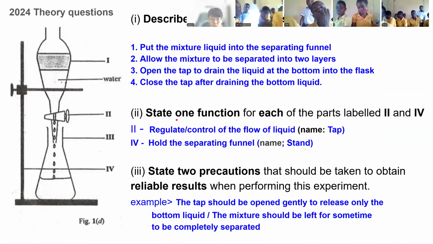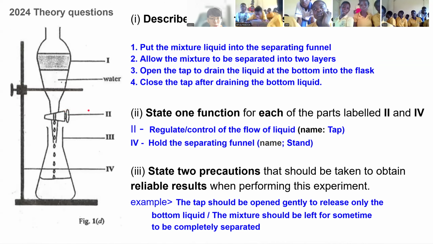Now, the second question asks us to state the function of the parts labeled 2 and 4. So 2 is over here. We saw that the name of this thing is the tap, and it regulates the flow of the liquid.